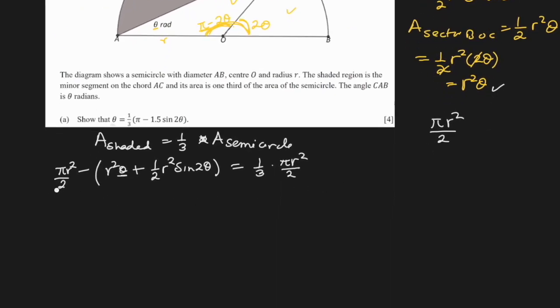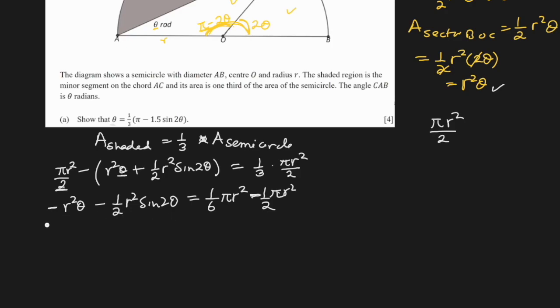So let's take this pi r square over 2 here. So minus r square theta minus half r square sine 2 theta. Yeah, this bracket open, and this is 1/6 pi r square, and this pi r square over 2 will also come here, minus pi r square half. This came here, became negative, right?